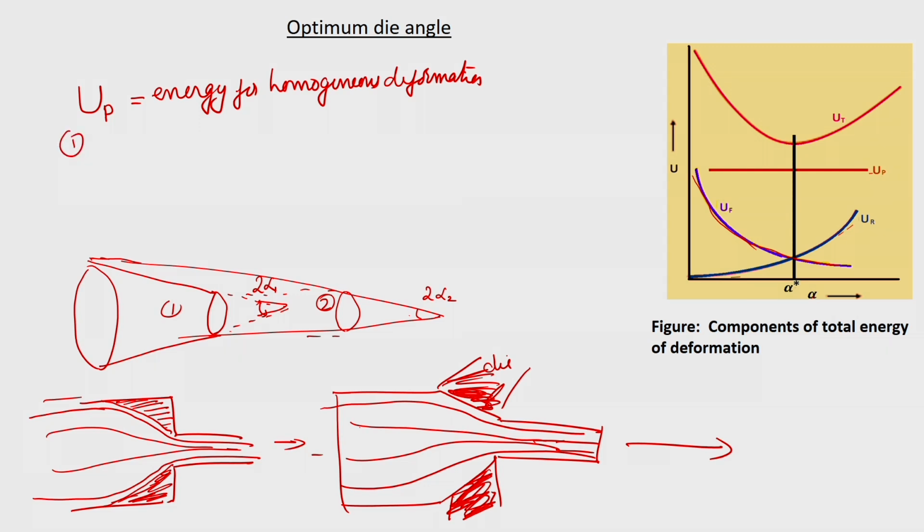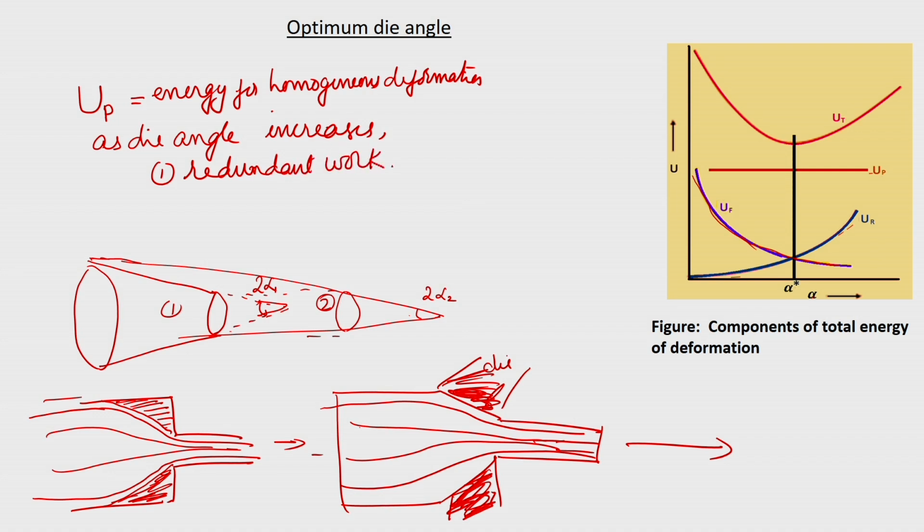So, one is that as the die angle increases, the redundant work increases, and second, the frictional loss decreases, and these are the plots.